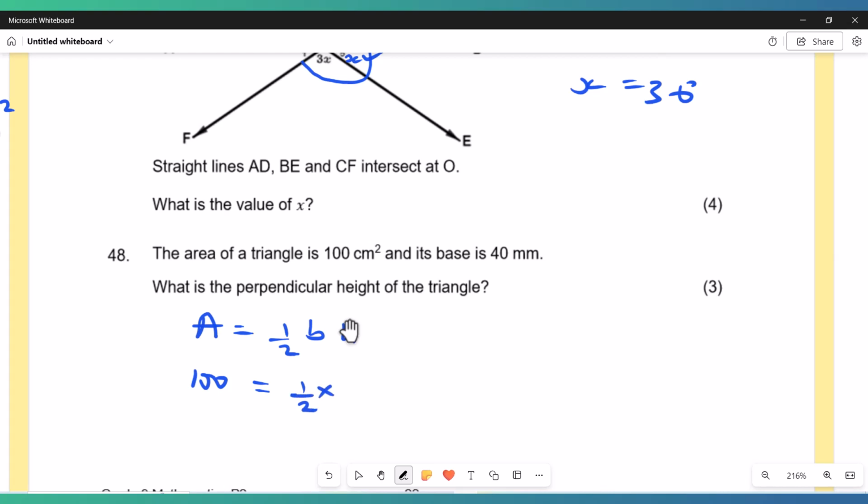The base is 40 millimeters, so I must divide it by what? By 10 to put centimeters. So that's 4. Then I'm looking for the height h. Okay, so 4 divided by 2, I get 2. 100 divided by 2, I get 50. So my height h is going to be 100 divided by 2, which gives me 50 what? 50 centimeters. That's our height h. Okay. Next question here.